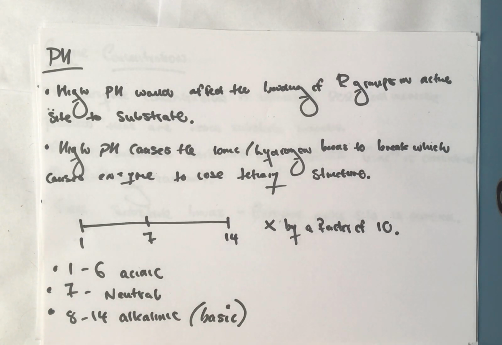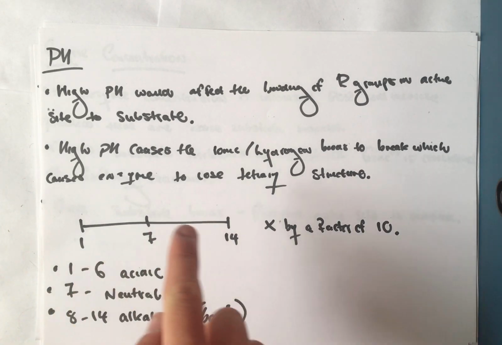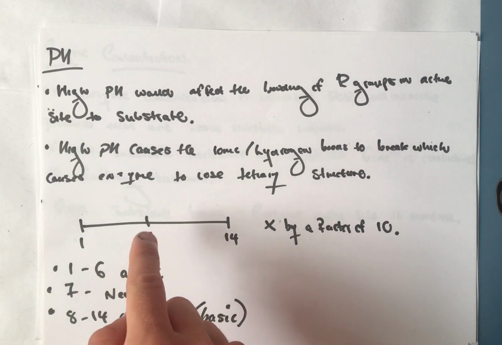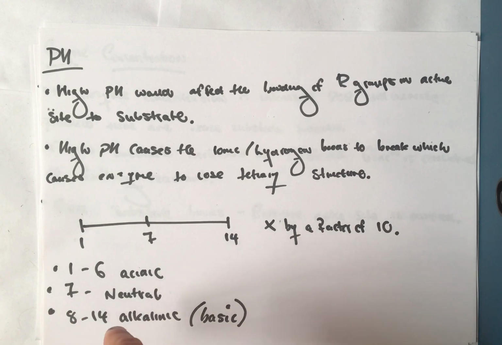pH, you may have come across in chemistry. It is just a scale to determine how alkaline or basic or acidic a substance or solution is. I've drawn out a rough sketch. It's between 1 to 14. 1 to 6 is acidic, 7 is neutral, 8 to 14 is basic or alkaline, because an alkali is a soluble base.